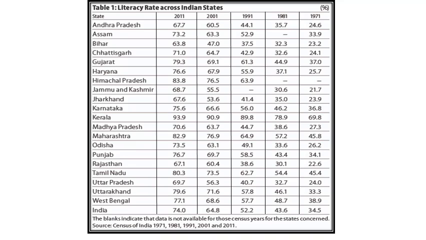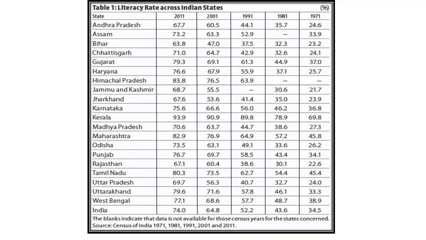Now there are some blanks. In 1971 for Himachal Pradesh it is a dash, and in 1981 it is a dash for Himachal Pradesh, and for J&K in 1991. So in the footnote, the blanks indicate that the data is not available for those census years for the states concerned. This is the footnote, which gives you the information about the field.